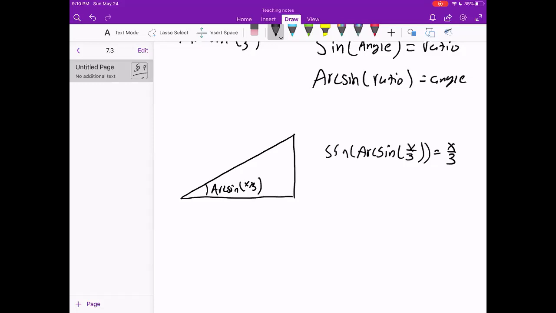So that means the sine of this angle here, the sine of the arc sine of x over 3, needs to be x over 3. Sine is opposite over hypotenuse, so if I just set the opposite side to be x and the hypotenuse to be 3, then if I take the sine of this angle, I'm going to get x over 3. Let that sink in for a second.